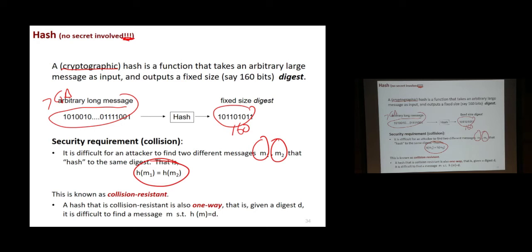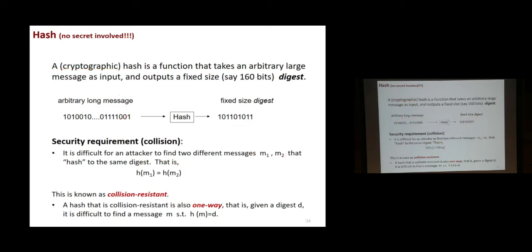If this is very difficult, then there is no way for an attacker to find a virus that hashes to the same thing. One thing to note is that because the input is very long and the digest is very short, mathematically there will be a lot of collisions.